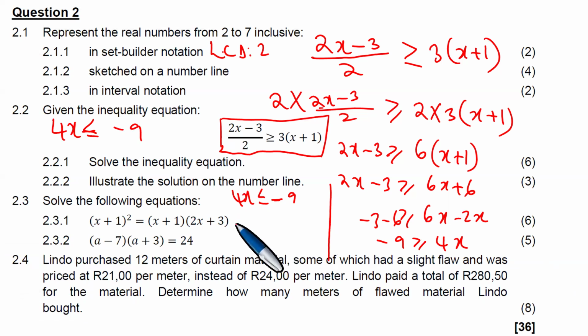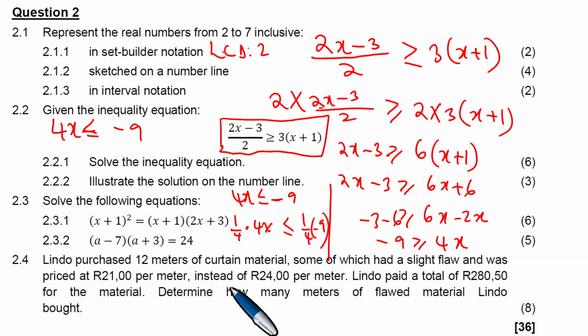Yes, you multiply by 1/4. What we do is multiply by the multiplicative inverse of 4, which is 1 divided by 4. Whatever you do on the left must be done on the right as well.